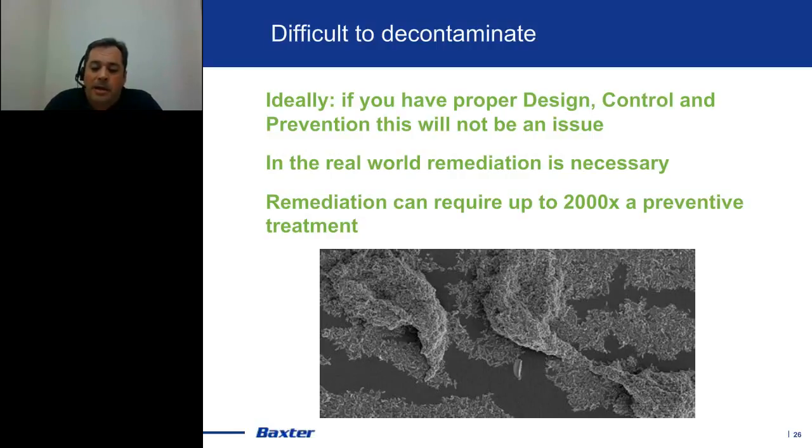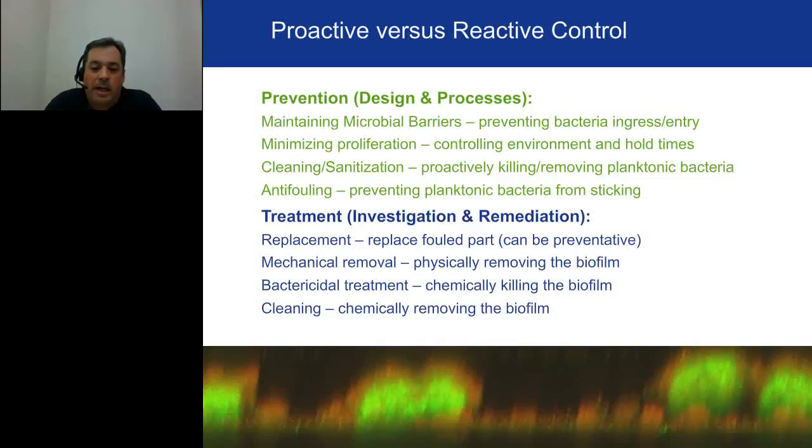So it's kind of funny, I jumped straight to remediation and kind of skipped over that prevention piece at first. But the reason I did that is because really you want to be on the preventive side. You want to be proactive, not reactive when it comes to microbial control. Because if you have to be reactive, you're behind the eight ball. You really are going to be challenged to get that removed and dealt with.